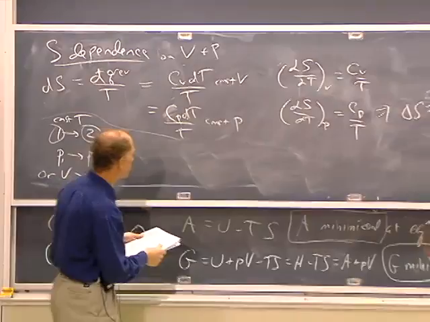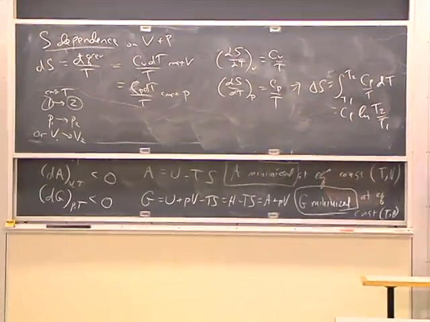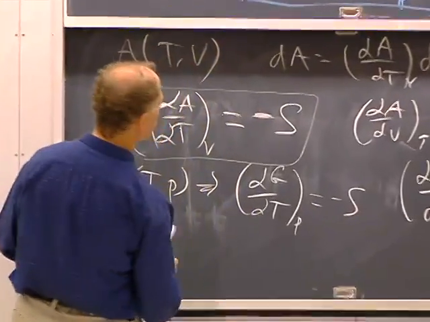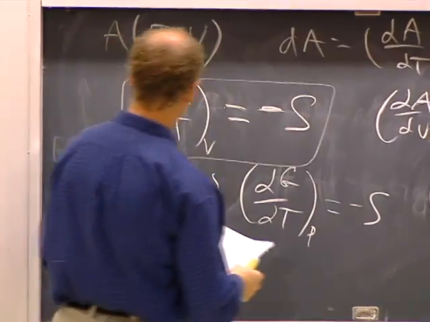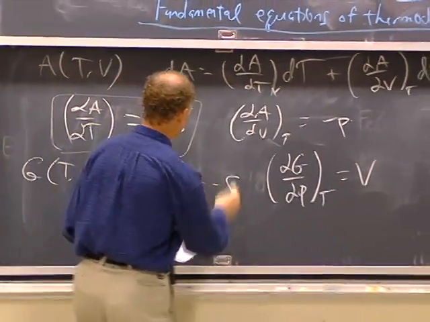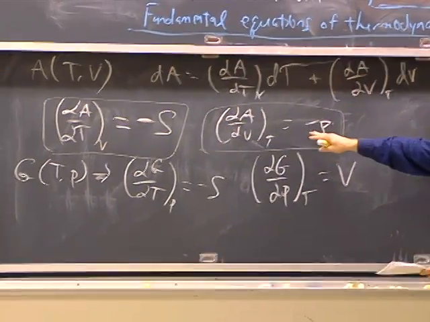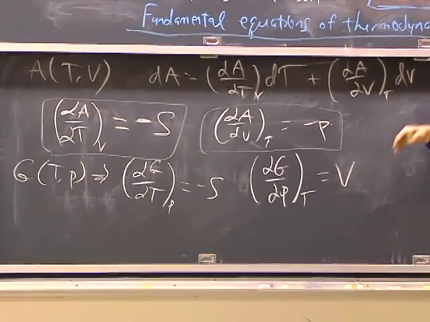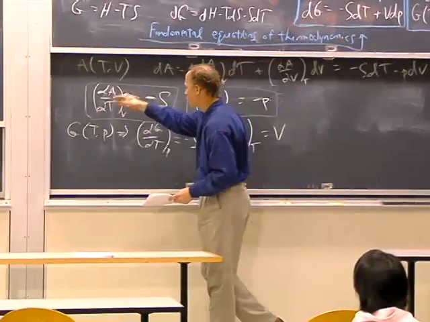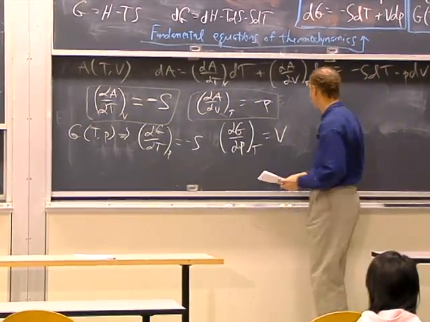So we're going to use this relationship, and we're going to use, wait a minute, minus this. Yeah, these two. So using those, now what happens if we take the second derivative of A, with the mixed derivative, partial with respect to T and the partial with respect to V, right?